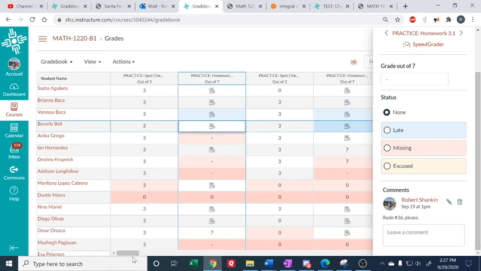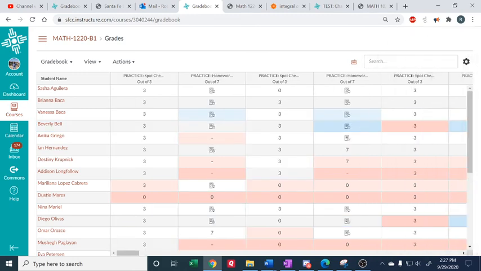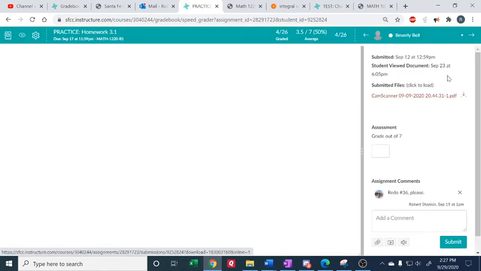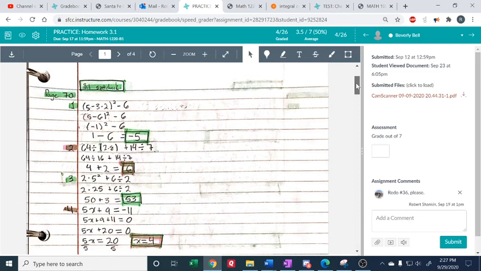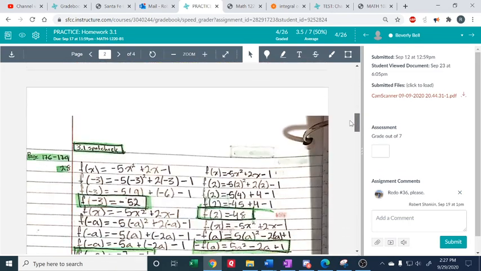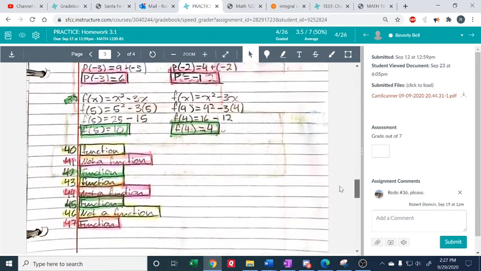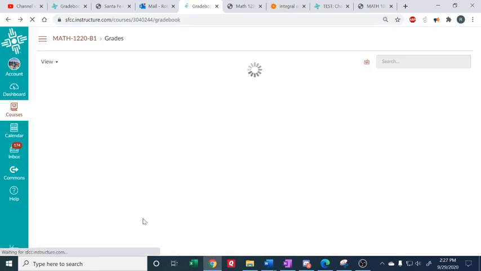So now that wasn't the one that was so important to me, though. I think what I wanted to look at with you, let's look at 3.2. Oh no, this is still 3.1. Sorry. It's okay.